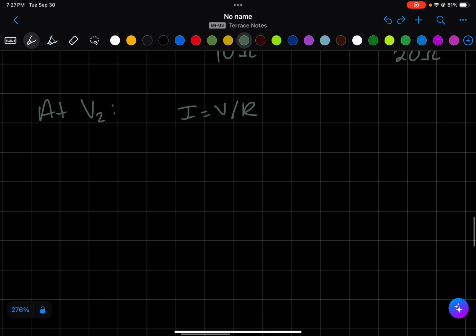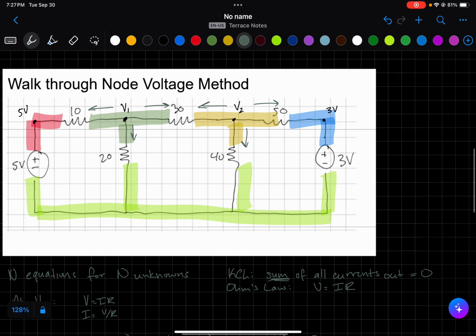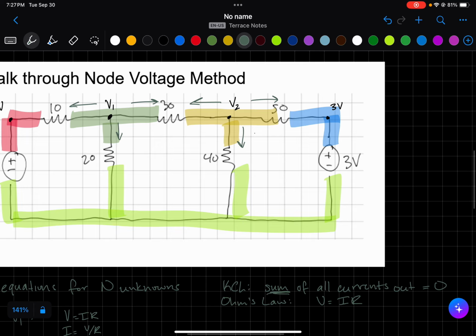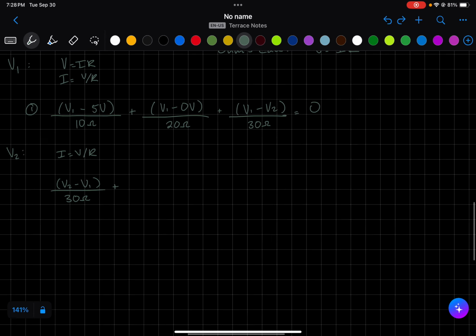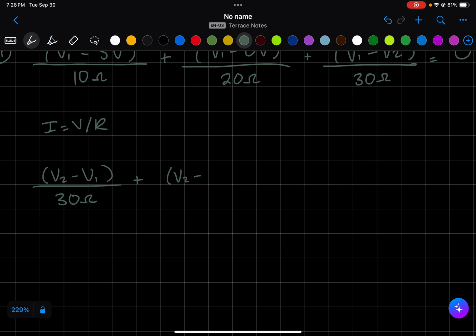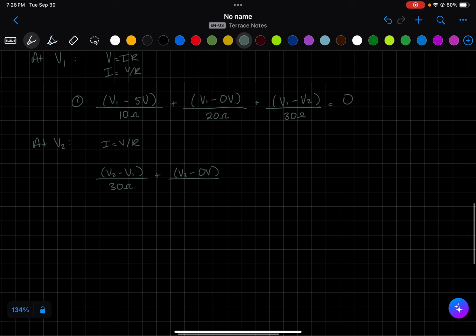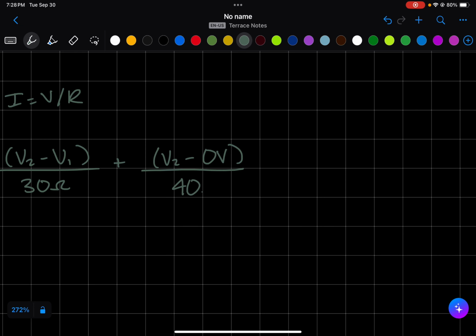So the numerator will be V2 minus V1 over 30 ohms plus this side down here. V2 is going across the 40 ohm resistor to ground node, which will be V2 minus 0 volts in the numerator over 40 ohms.